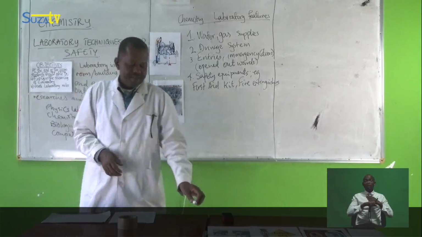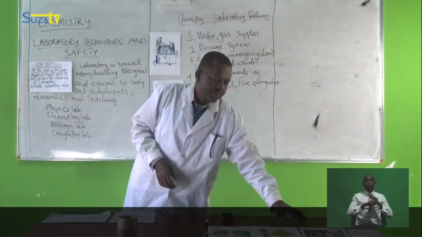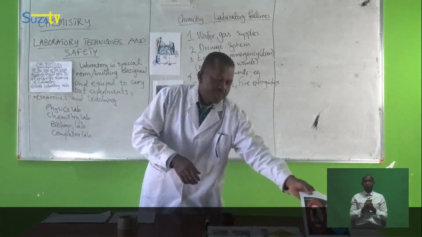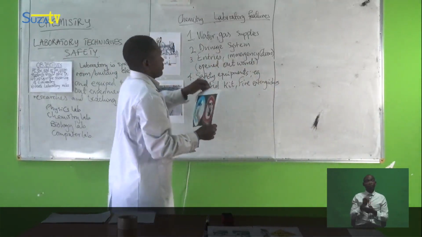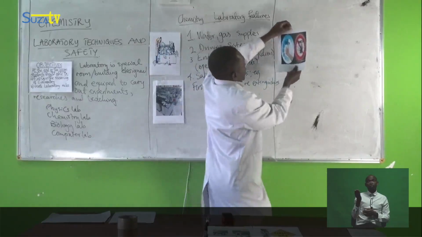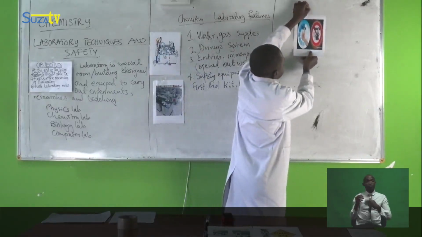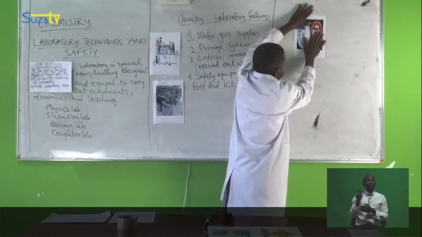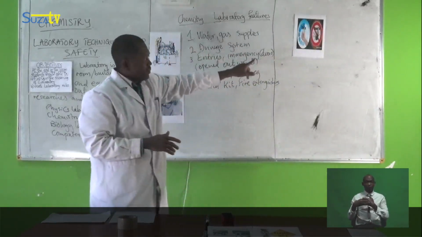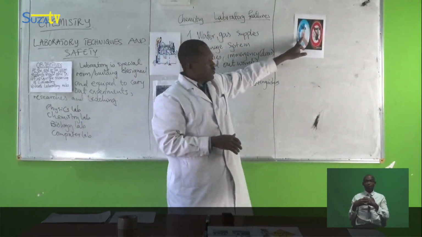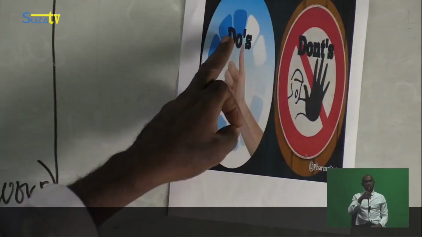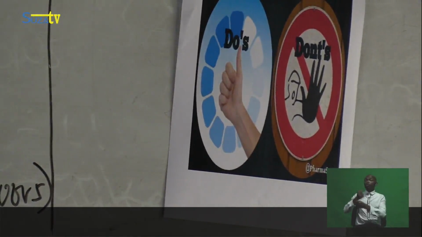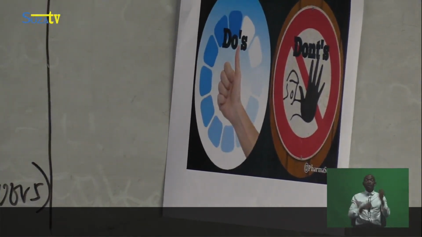Let's have that kind of activity. Here, we have that picture. This picture shows hand with that thumb. It tells do. It is something that you are required to do.